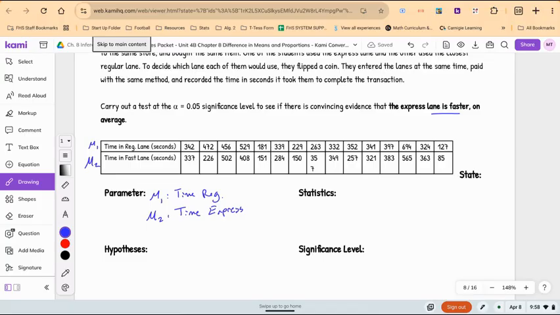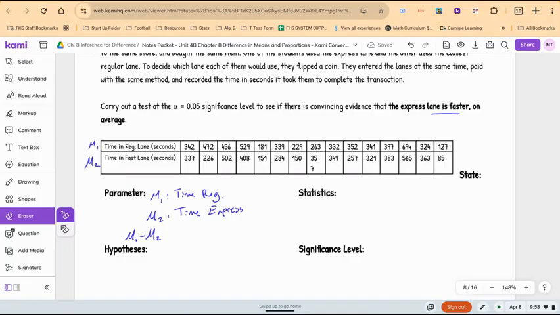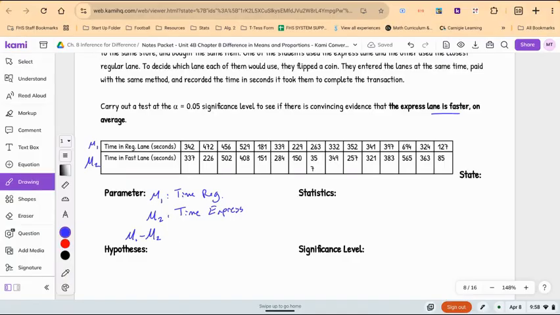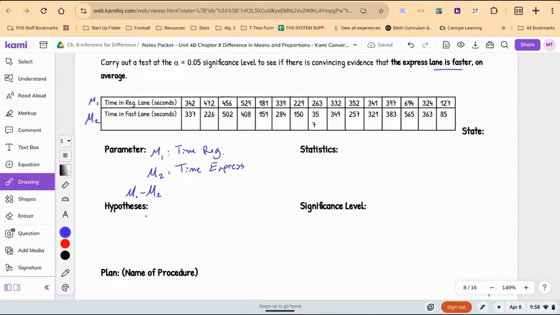Okay, and so again, I'm going off the assumption that I subtract those two. Okay, if there was no change, that should equal 0, right? But I'm going off that assumption. So that'll help me when I'm writing my alternative hypothesis. So my null hypothesis is the mu difference is equal to 0. That means there is no time change. The fast lane doesn't take less time, right?